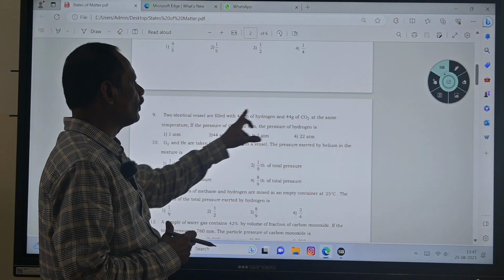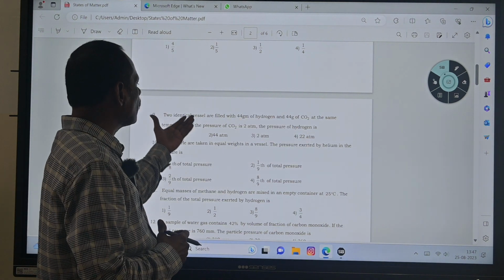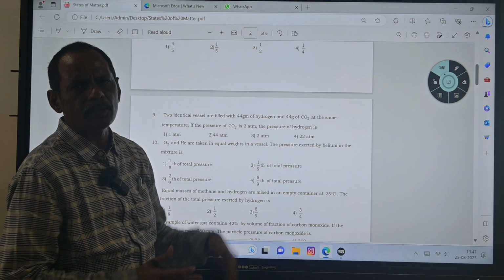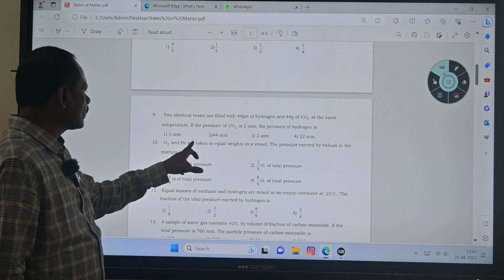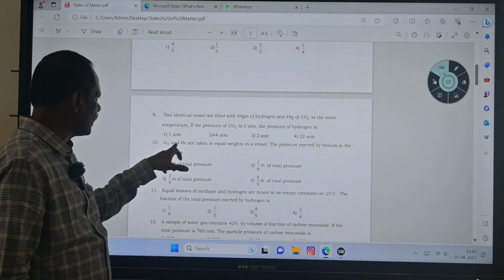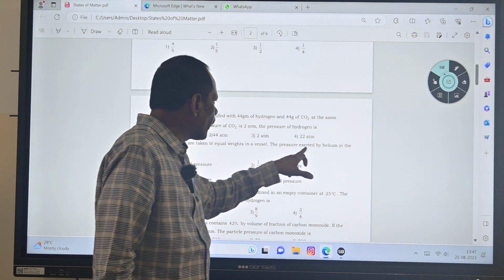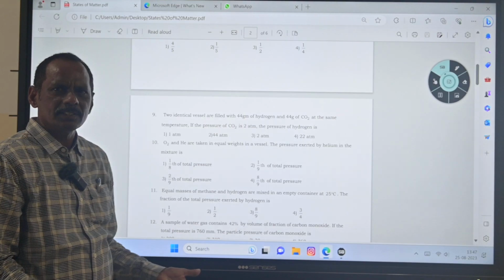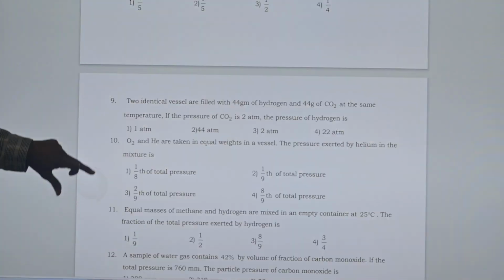Calculate the number of moles of hydrogen and of oxygen. Because the partial pressure of one gas is given, you can calculate the partial pressure of another gas. Yes, in the 10th question, oxygen and helium are taken in equal weights in the vessel. Again equal weights are taken. The pressure exerted by helium in the mixture is the same question as the first question. That's all. These are the first 10 questions.